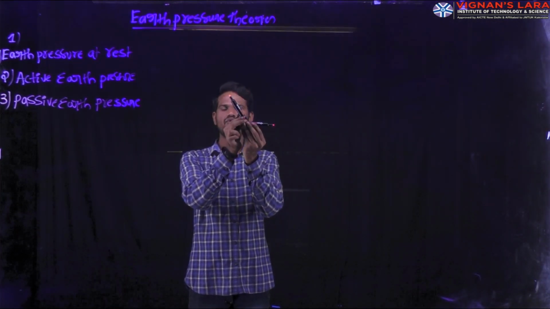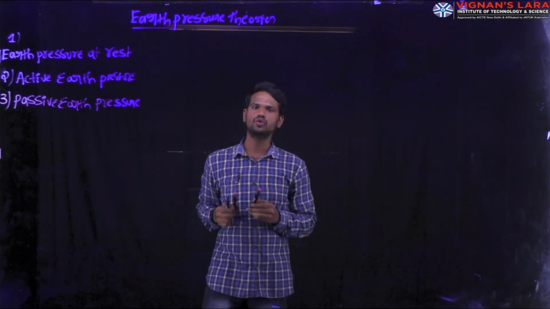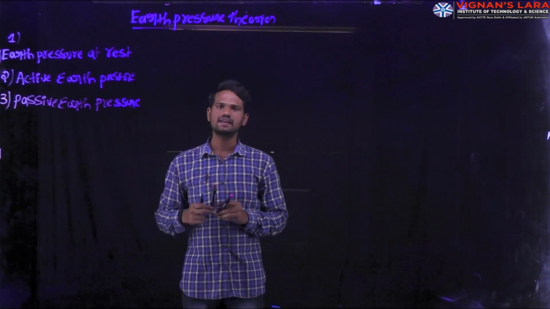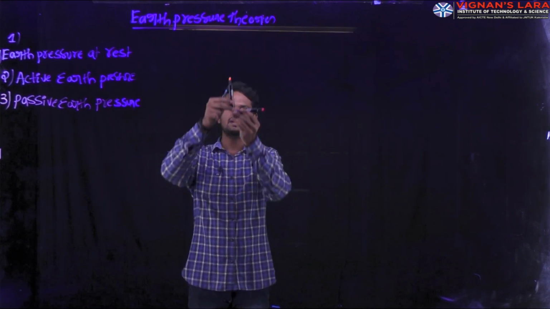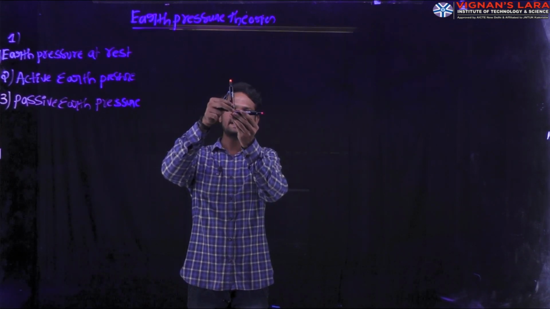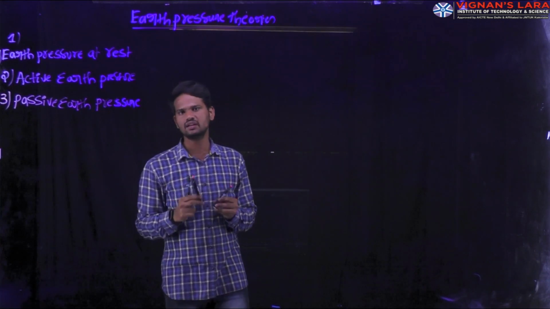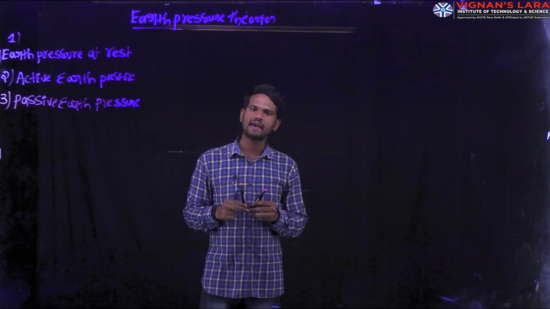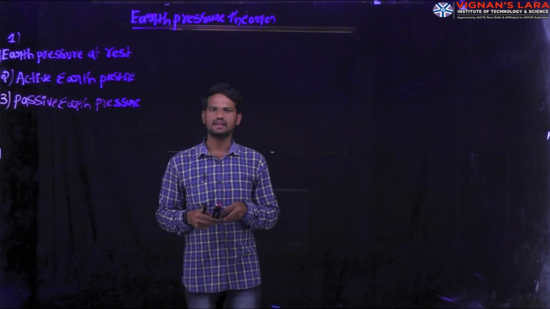In those conditions we call it active earth pressure. Whereas in passive earth pressure, the wall creates some pressure on the soil itself. In those conditions we name it passive earth pressure or passive resistance of the soil.